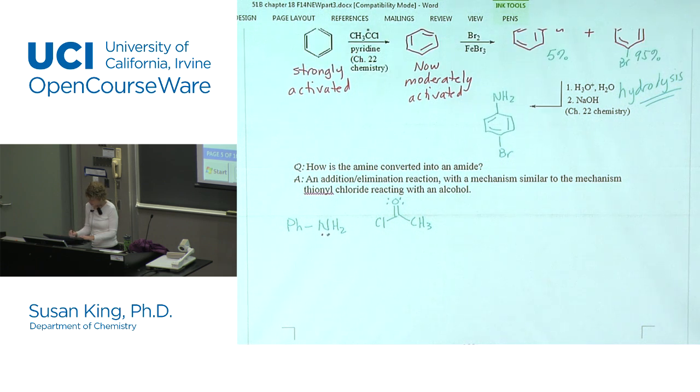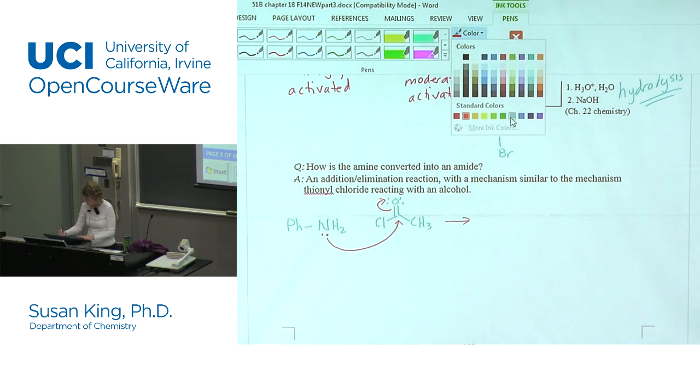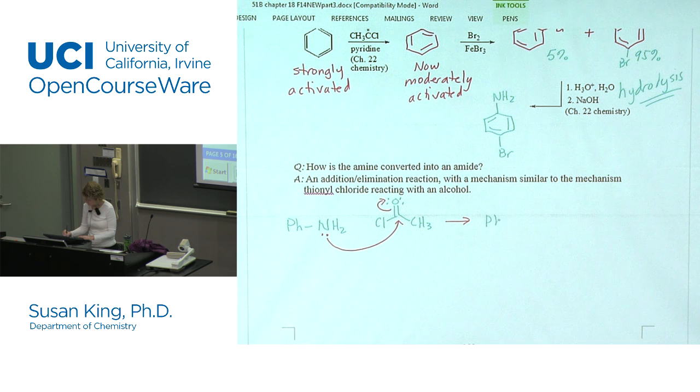Thionyl chloride mechanism, remember there was a sulfur there, very similar to this. We did addition. So hopefully this is triggering the memory of that reaction from the first midterm.